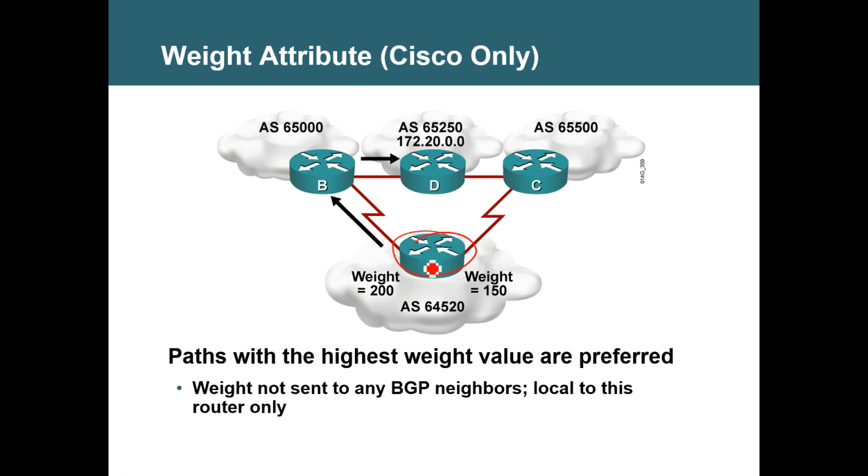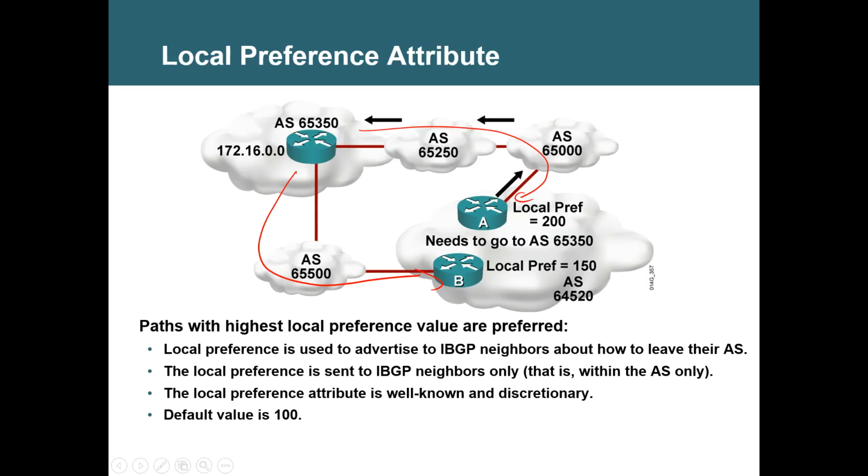Whatever I configure here will not be advertised to anyone, not to IBGP, not to EBGP, not to anyone. It is local to that router where you configure. Whereas in local preference, whatever I configure on router A goes even to router C and also to B. It is spread to everyone.